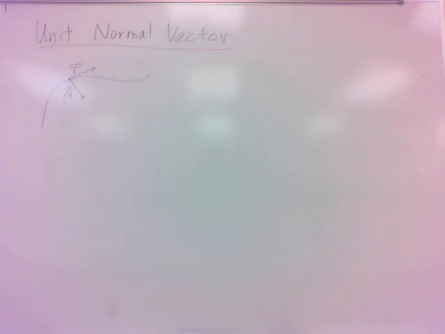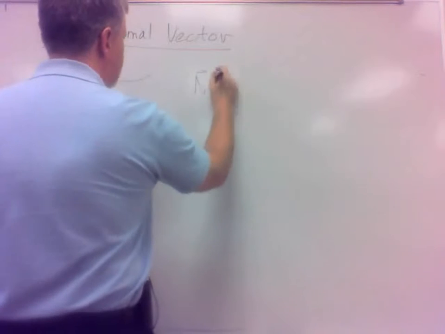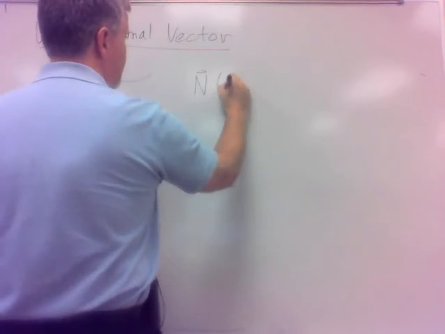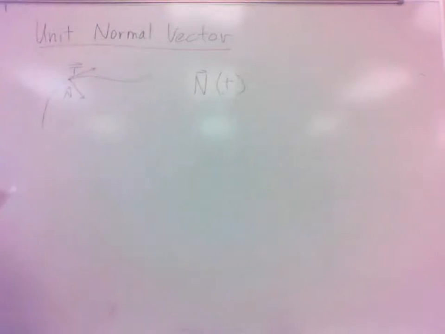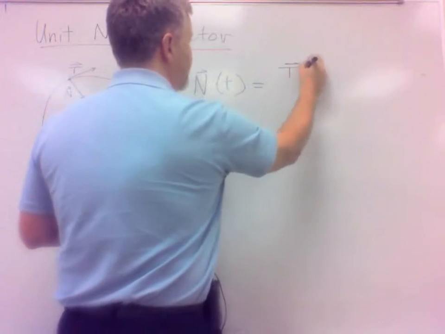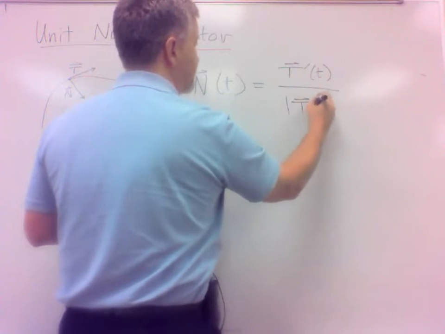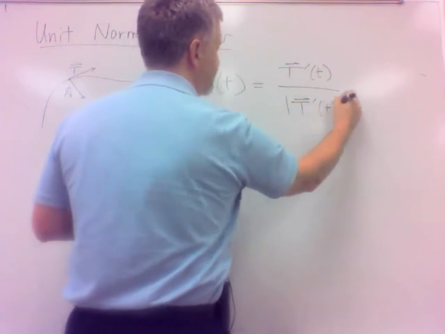And we also want it to be 1 unit long. It turns out it's actually a pretty easy calculation, once you have the unit tangent vector anyway. It's the derivative of the tangent vector divided by the magnitude to make it unitized.